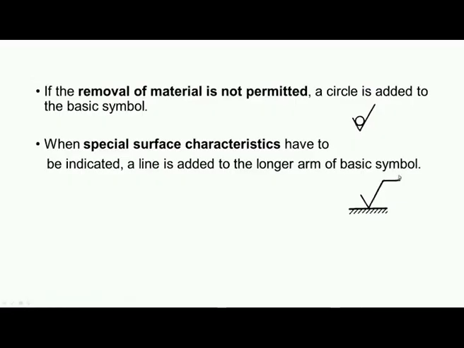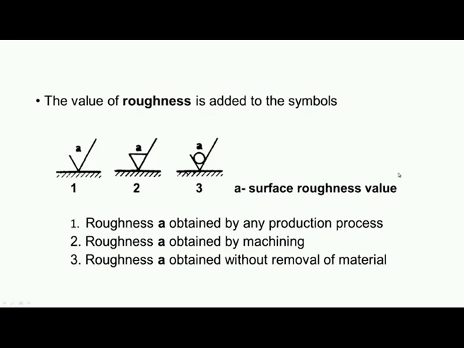And then when special surface characteristics are to be indicated, for example the surface should be electroplated or painted, then a bar is added to the longer line, and how that special characteristic is to be produced should be written on this horizontal line. Now sometimes we specify what is the roughness that is needed.